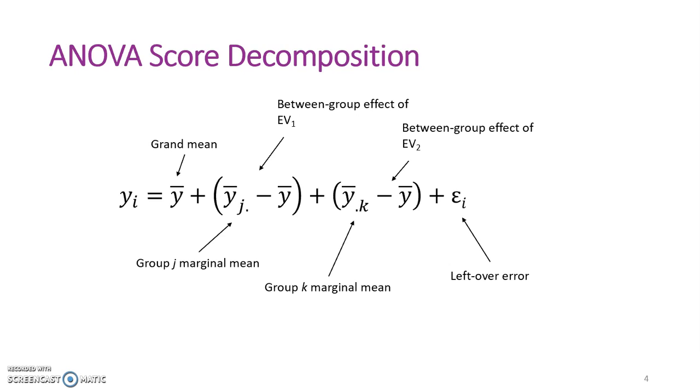We consider these the between group effects of each predictor, so we have the main effects of each predictor represented in our model. And then we have that leftover error. This is how we get our data equals model plus error score decomposition.